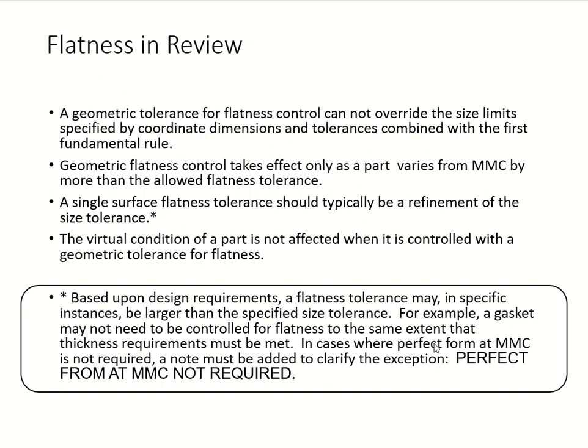For this type of situation, when that happens in real life, all you have to do is put a note saying we don't need a perfect form at MMC. So here is a note to clarify the exceptions: a perfect form at MMC not required. You can note it down, so that way this type of example is allowed.